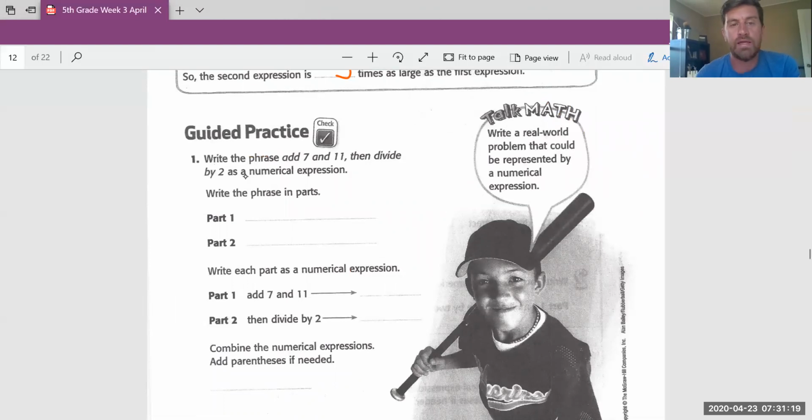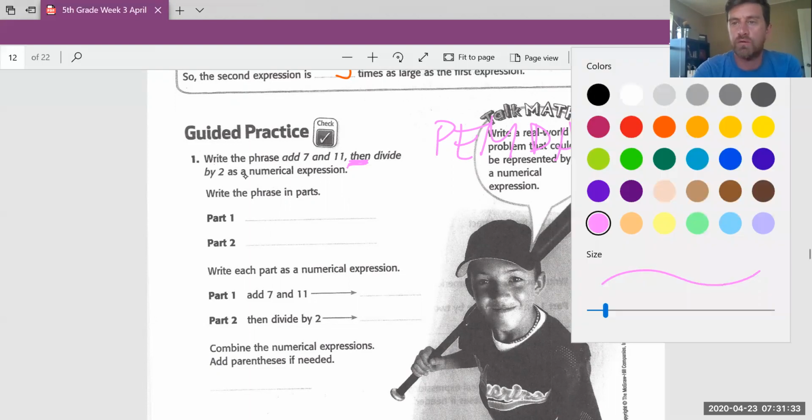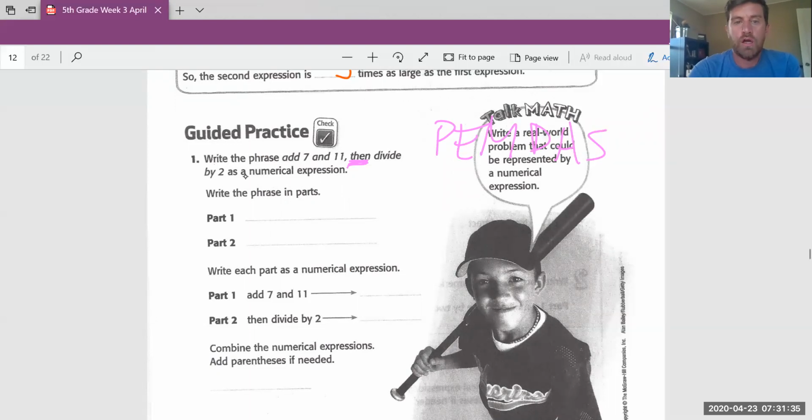Write the phrase, add 7 and 11. Here we go. Now we get it. Then divide by 2. Sorry, pink in there is a strange one. I'll change to a darker one. It's adding right here. That's first.